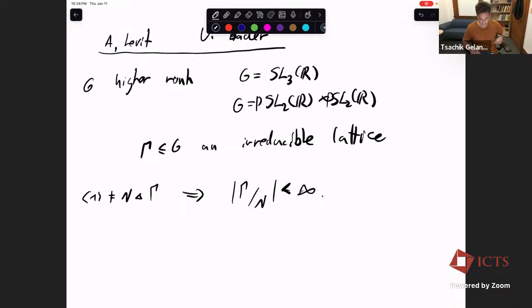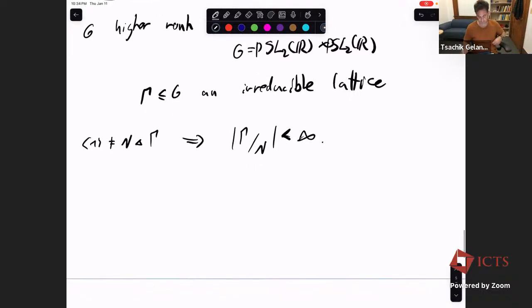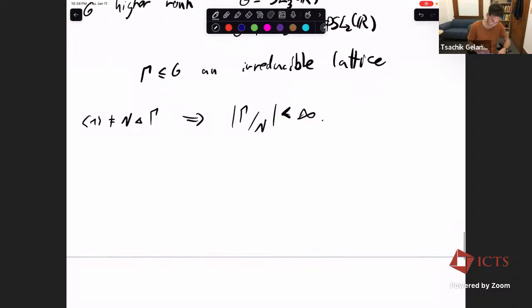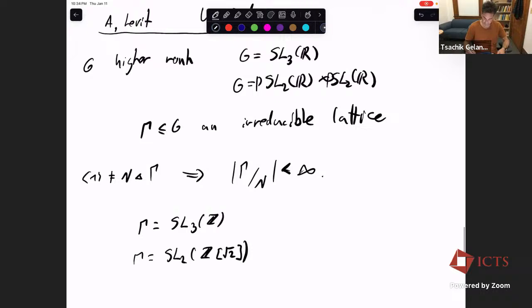And the way that Margulis proved that, okay, so the example, we can consider SL3Z, or we can consider SL2Z square root of 2. So that's a lattice in the second example. The difference is that here we have property T, and here we don't have.